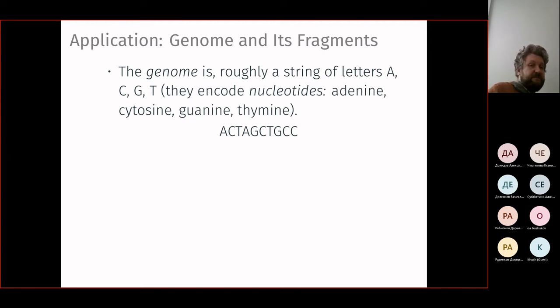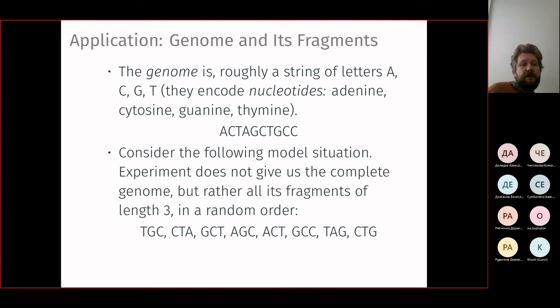Application: the genome and its fragments. The genome is roughly a string of letters from the alphabet A, C, G, T, which correspond to the nucleotides adenine, cytosine, guanine, and thymine. These are the basic monomers of the polymer structure of the DNA. Consider the following model situation, which comes from real biological applications.